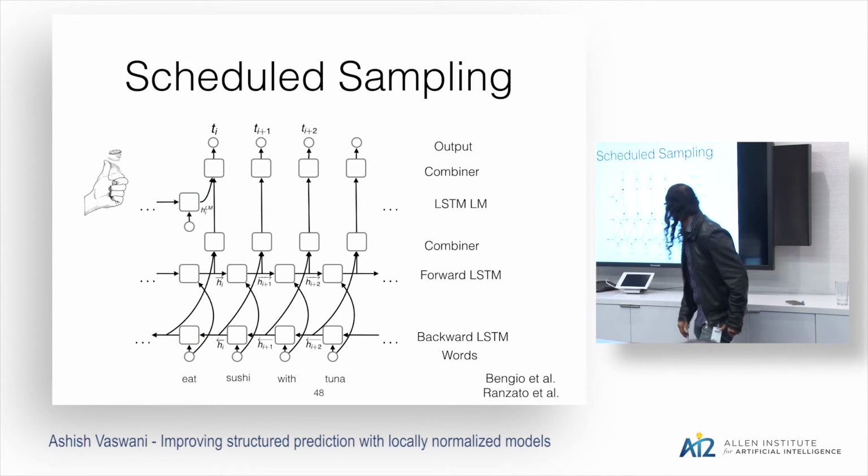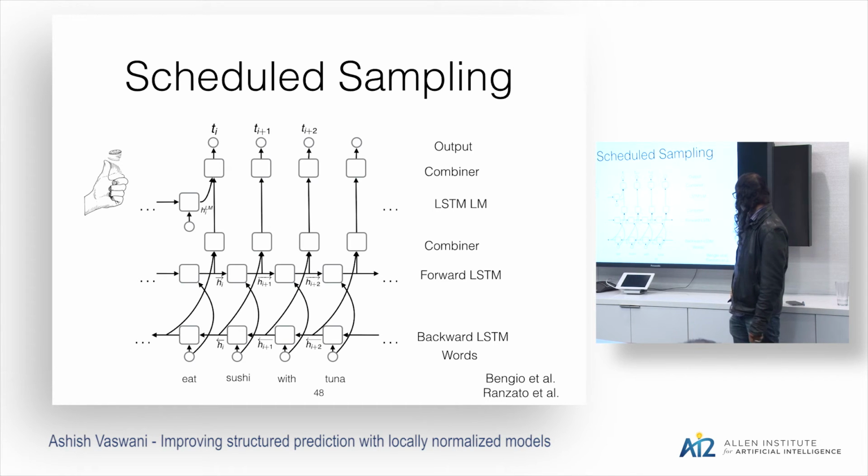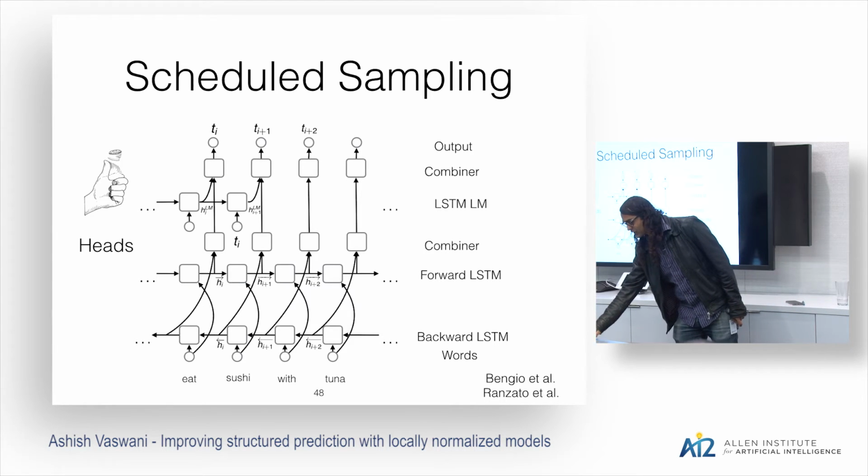So what we do is use scheduled sampling, which has come from Google, and more recently I discovered that there's another strategy that we were trying that Ranzato et al. more recently tried as well. This paper is at ICLR, but the Bengio paper was from last year. What happens in scheduled sampling is you flip a coin, and if it's heads, you use the predicted supertag.